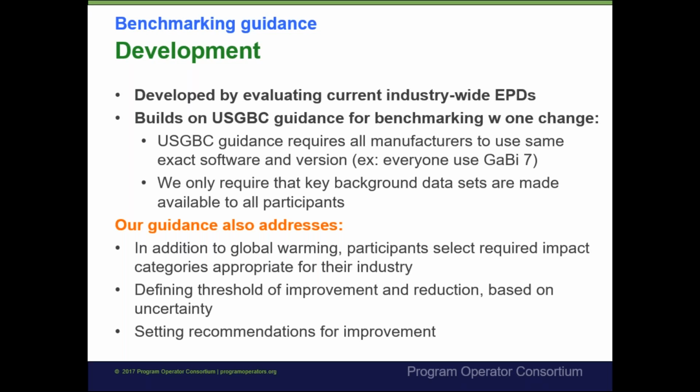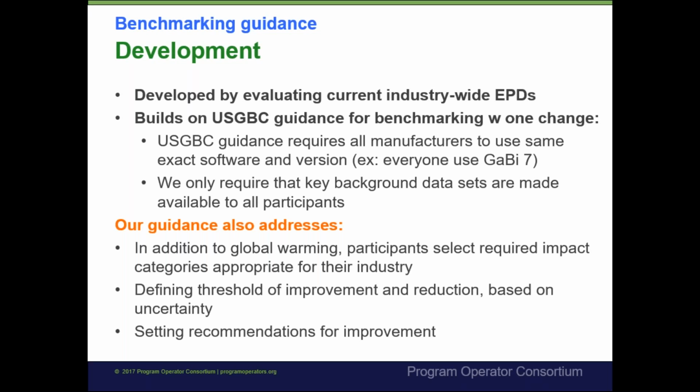So that could be in a spreadsheet or some other way. But the reason we did this was to level the playing field so manufacturers wouldn't have to purchase another piece of software they weren't using before. They could use what they already had.